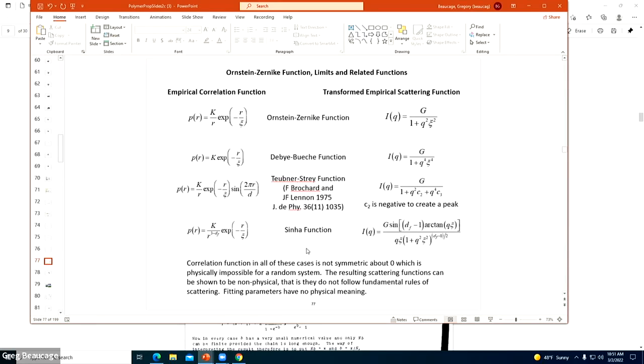Anyway, you can transform that function and get this function. Then in the 1980s, Sinha, a guy at Argonne, came up with this. Simha is a guy at Case who did all the work on intrinsic viscosity. And then there's Sinha, who's at Argonne and came up with this scattering function. Both of them are famous, and the names are only slightly different. I don't know the origin of those names.